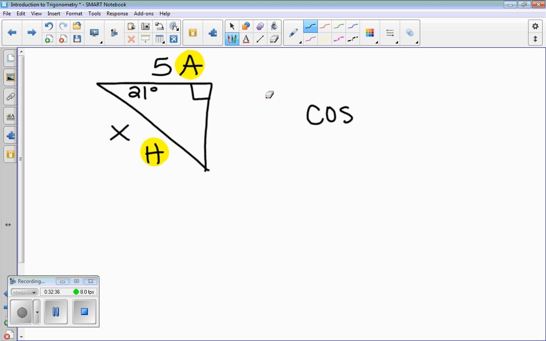An angle measure, which in this case is going to be 21, equals the ratio. So what's the ratio in this case? 5 over x. Some of you keep asking why we keep dividing by x. They don't always. Sometimes x is in the numerator. The last one we'll look at, we'll make it that way.